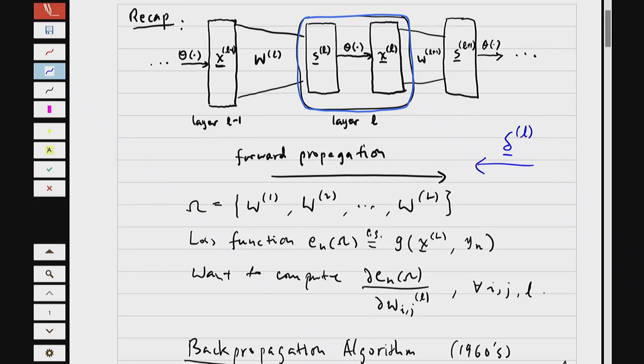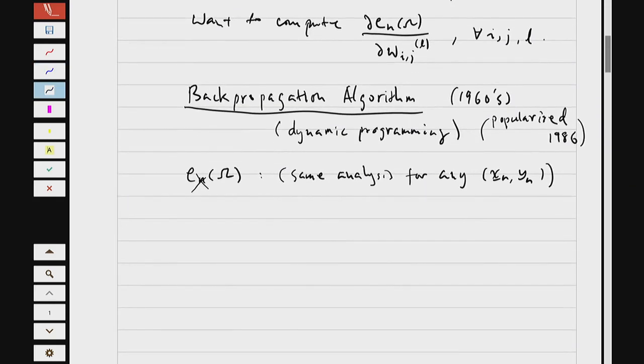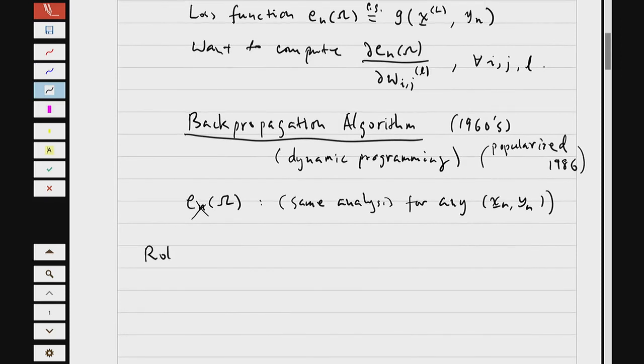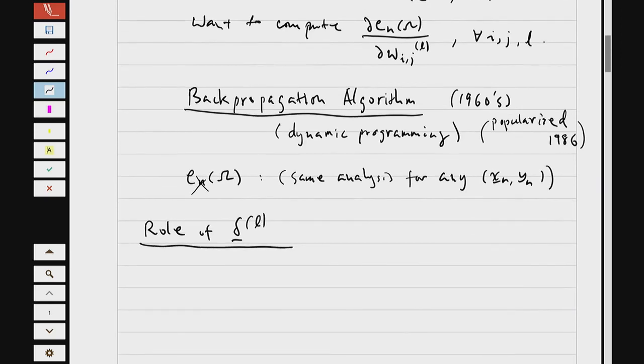No worries about what it is yet, but the main idea is that we keep track of this delta vector. What is the role of delta? We first define it, and then we discuss how to compute it in an efficient manner.